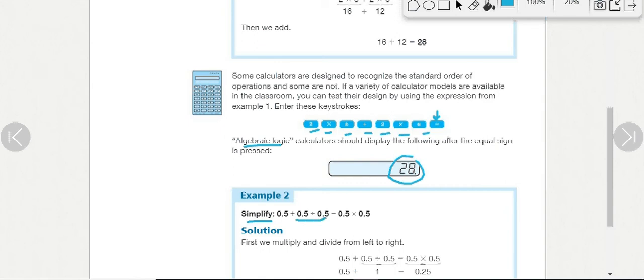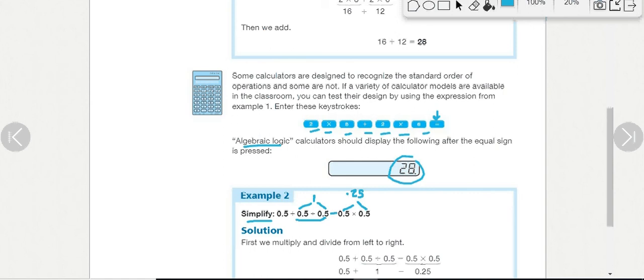According to order of operations, we do 0.5 divided by 0.5, which would be, you just put little arrows going up to the 1. And then 0.5 times 0.5 would be 0.25.